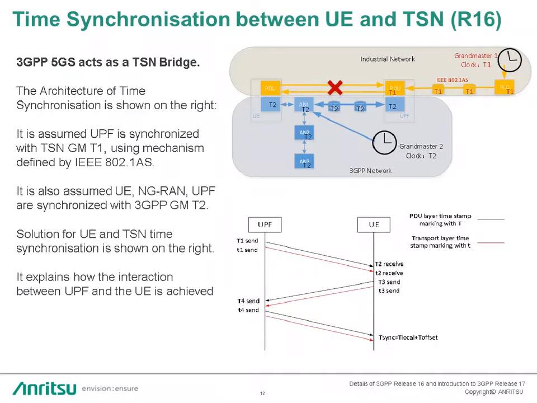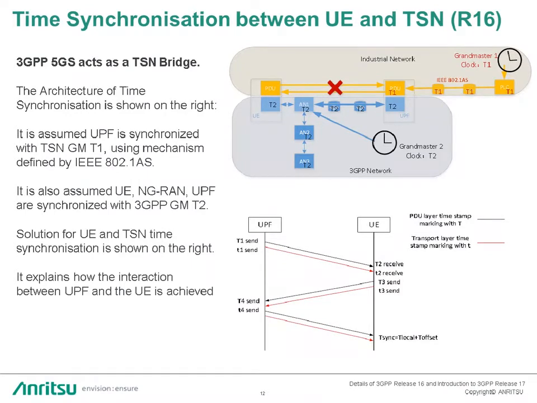This slide explains the idea of time synchronization between a UE and a time sensitive network. So on the top here in the yellowish orangish color is the industrial network.